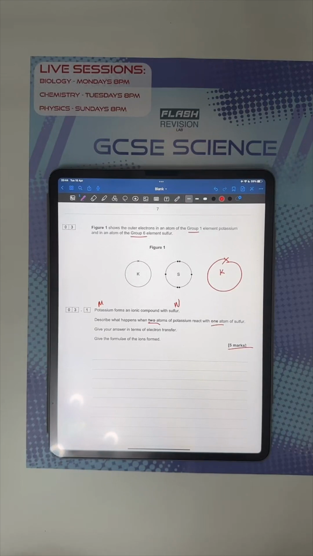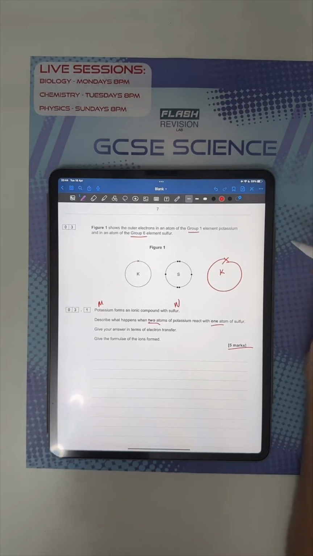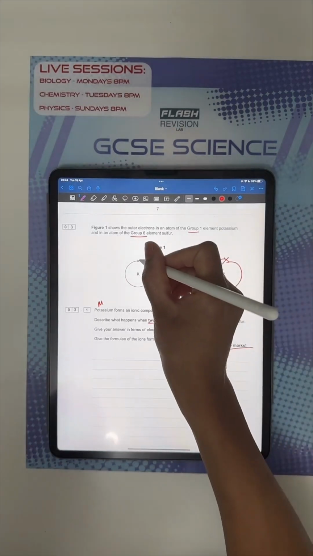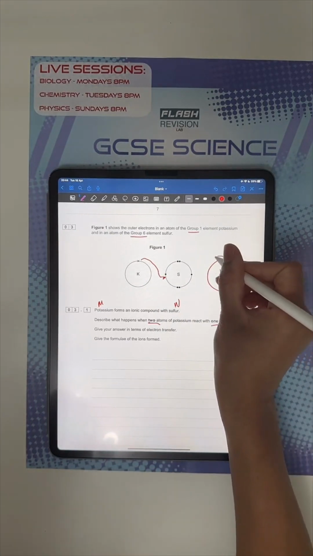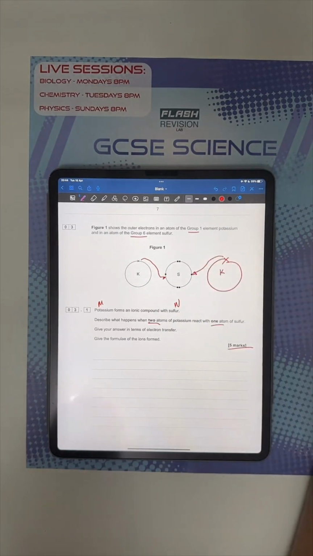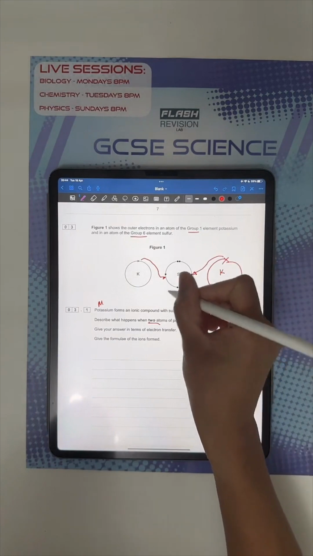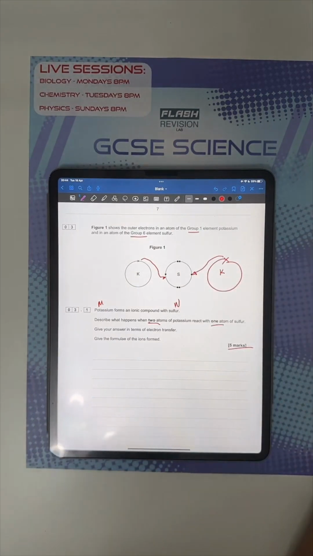Both potassium atoms lose 1 electron to become +1 and the sulfur will gain 2 electrons. Yes, that's good. And it becomes 2-. Okay, good, right. So I think we're starting to get it. So let's try and structure our answer to get these 5 marks. So we need 5 points here. So let's explain what's happening. We've got this electron going here, this electron going here. Okay, so that gives this 8 electrons, it makes it stable.